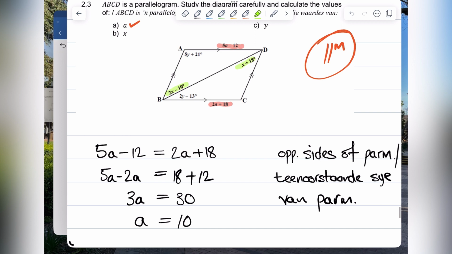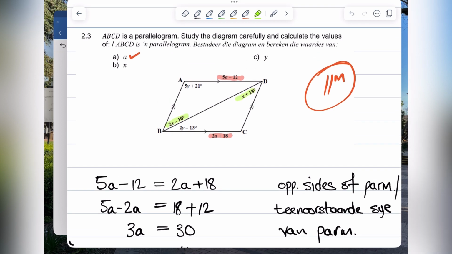alternate angles. So can we say that 2x minus 10 and x plus 18 are alternate? Well, yes, but with respect to which parallel lines? Because we are used to looking at the diagram in this orientation, we might make the mistake to say that 2x minus 10 degrees is equal to x plus 18 degrees, alternate angles, and then mistakenly say AD parallel to BC.